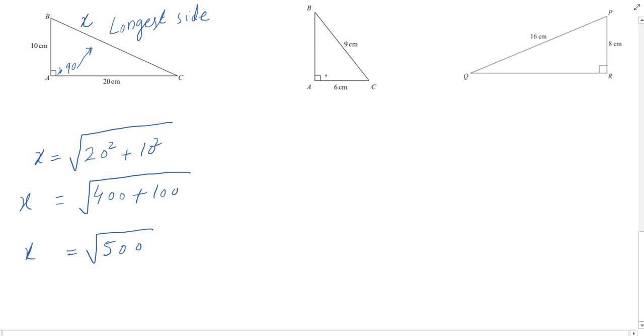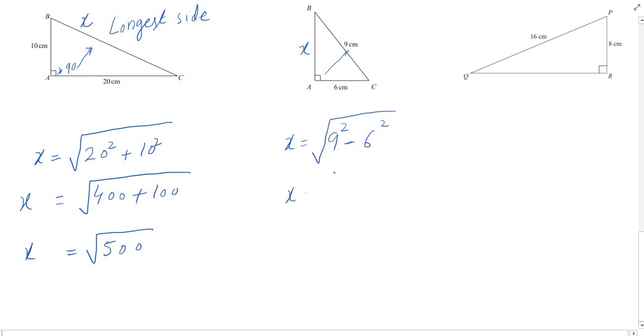Okay, so here, which one is the longest side? The 9, which is given. How do I know it is the longest side? Because it is opposite to that 90-degree angle. If the longest side is given, we're going to find the shortest side. So let's say this is x. What you do is write x, then the longest side, which is 9 squared, minus the shortest side given, which is 6 squared, and square root it.